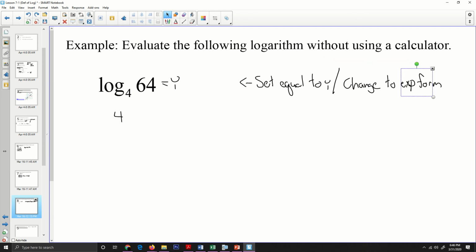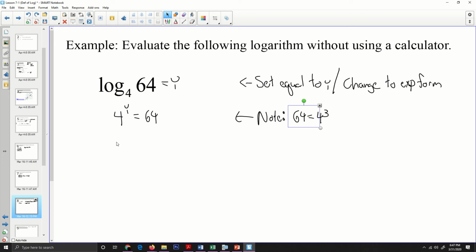And so 4 to the y equals 64. Now, the only way that these two things can be equal is if we can find a power of 64 that is a base of 4. Now, 4 times 4 is 16, and then 16 times 4 is 64.